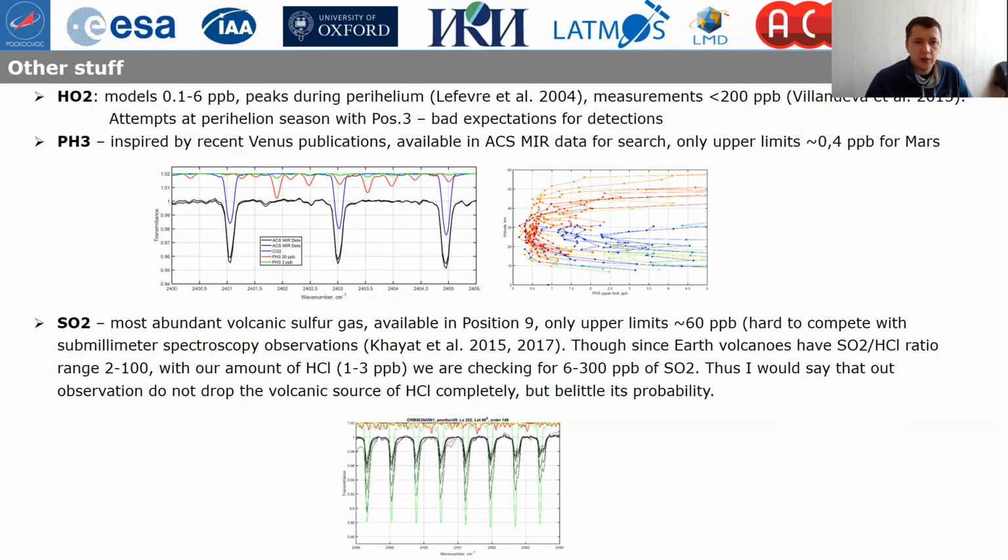We're stating only an upper limit, and we're not competing here with other works based on submillimeter spectroscopy. But our benefit is that we can do irregular measurements, and by that we can probe the atmosphere, and we would catch if some activity would happen on Mars.